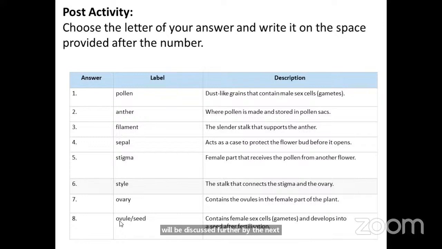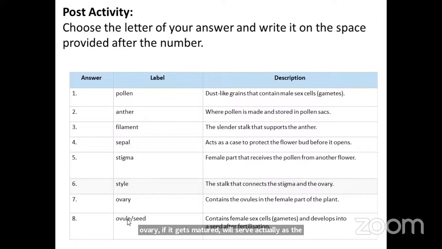Another structure found in a flower are the ovules. Once the ovules get fertilized and matured, they will develop into the seed of the fruit. So the ovary, if it gets matured, will serve as the fruit of the plant.